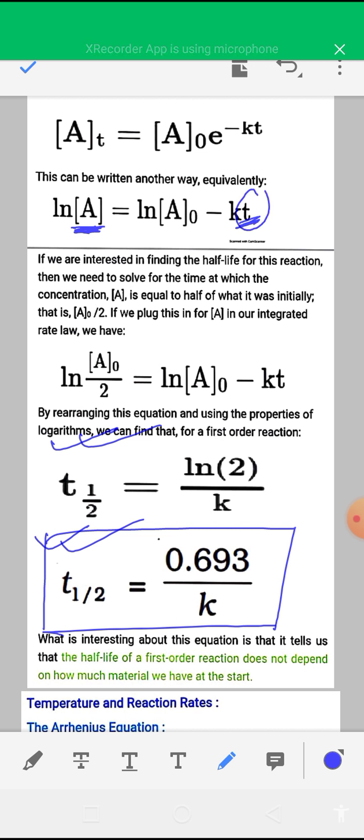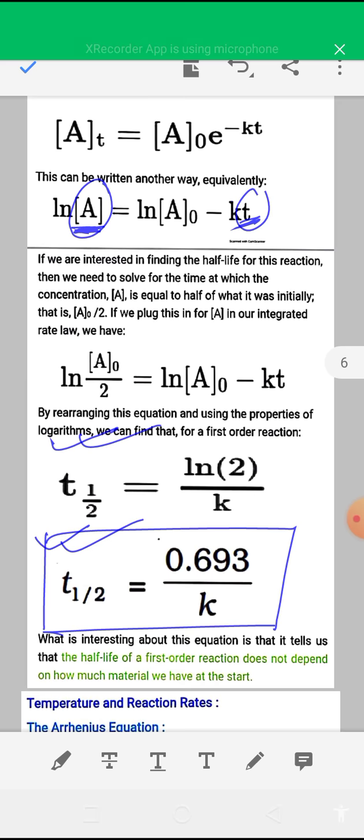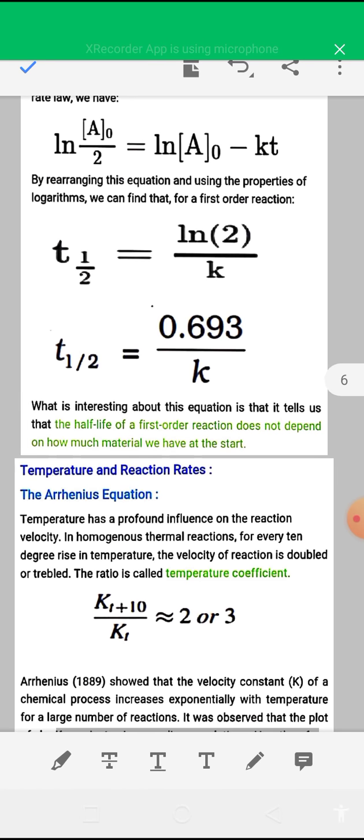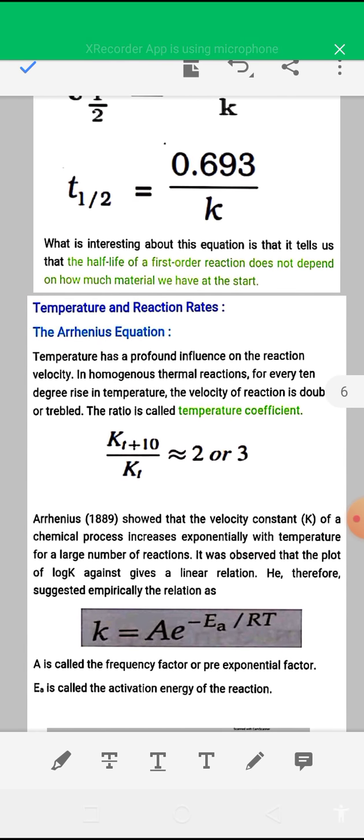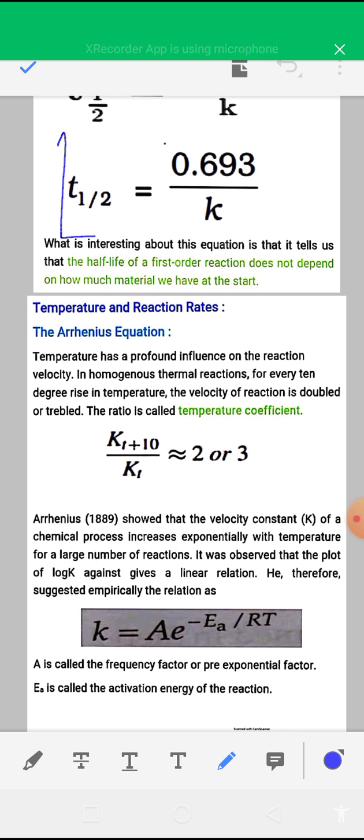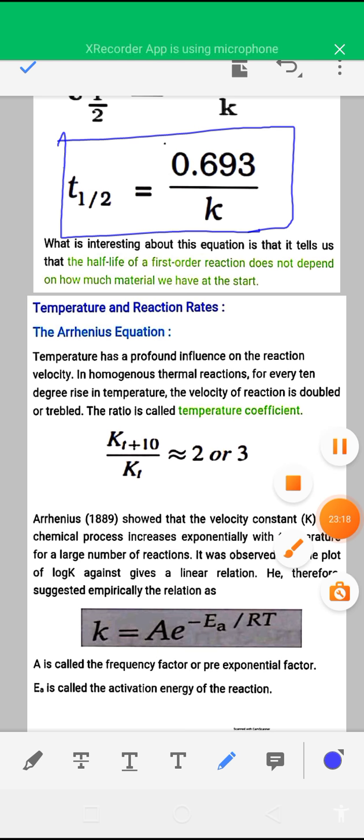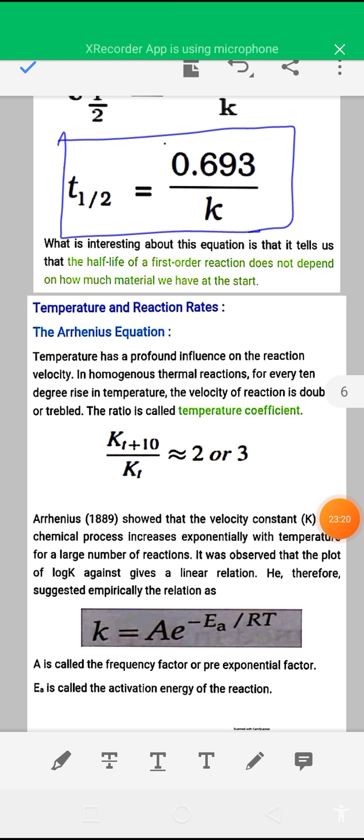After solving, we get t half is equal to 0.693 by K. That is, half-life for first order reaction is independent of the initial concentration of reactant. Now see temperature dependence of a chemical reaction.